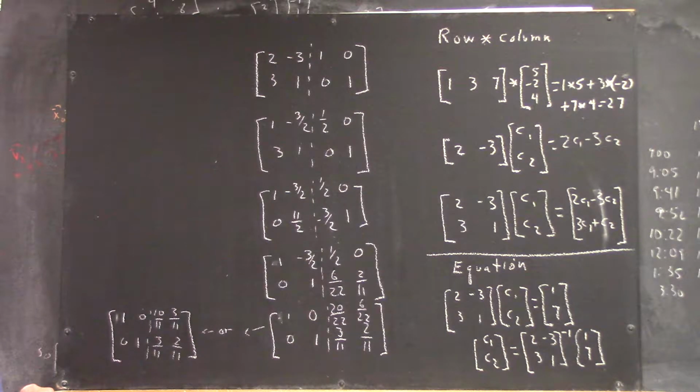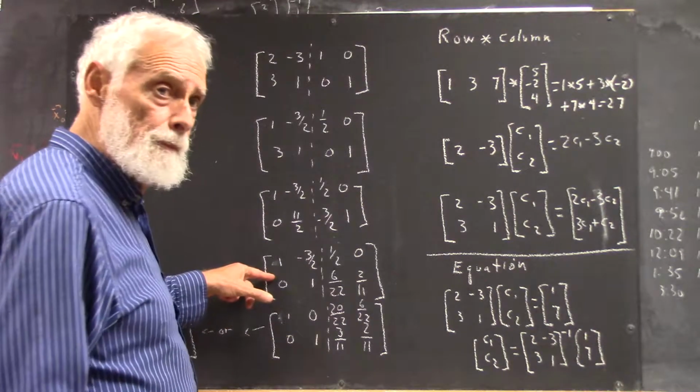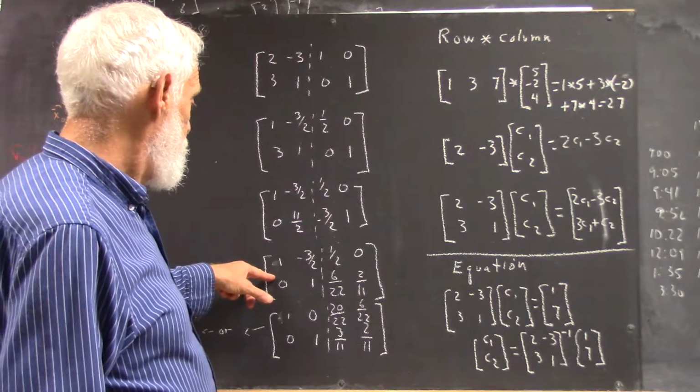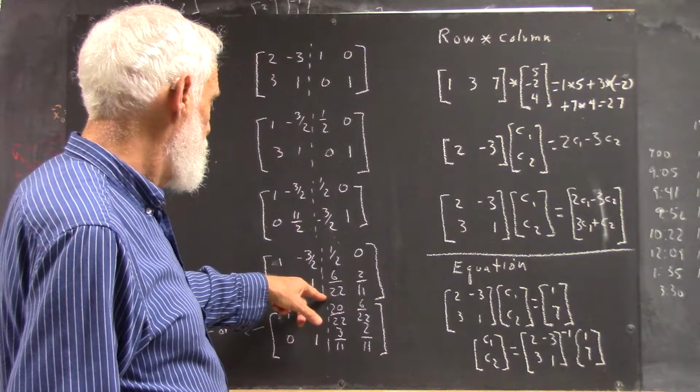When you multiply -3/2 by 2/11, oh, that should have been negative. The 6/22 should have been a negative. Which one? Second block up, that 6/22 should have stayed a negative after you multiplied -3/2 by 2/11.